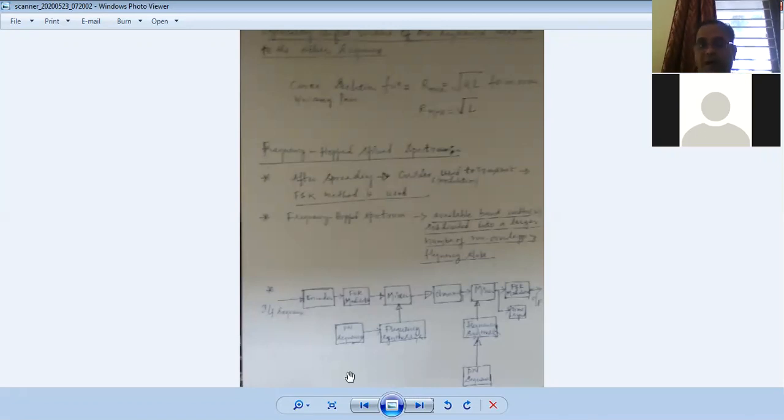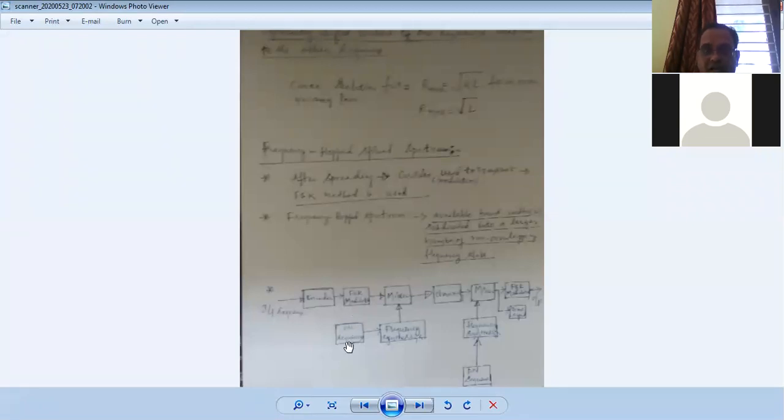So this is exactly the frequency hopping spread spectrum. Here, in this kind of modulation, frequency shift modulation has been utilized. The information will be coded across the FSK modulator; FSK will modulate the information.